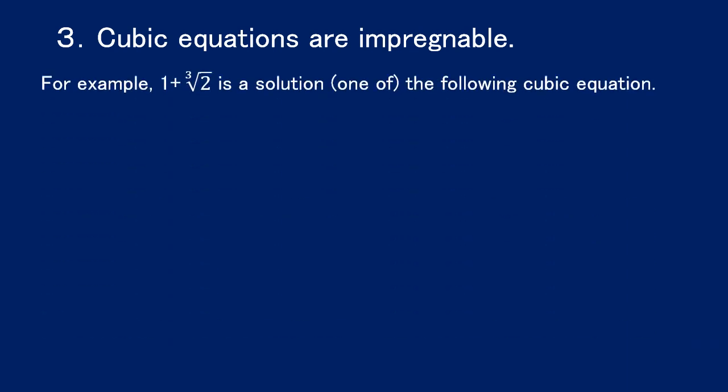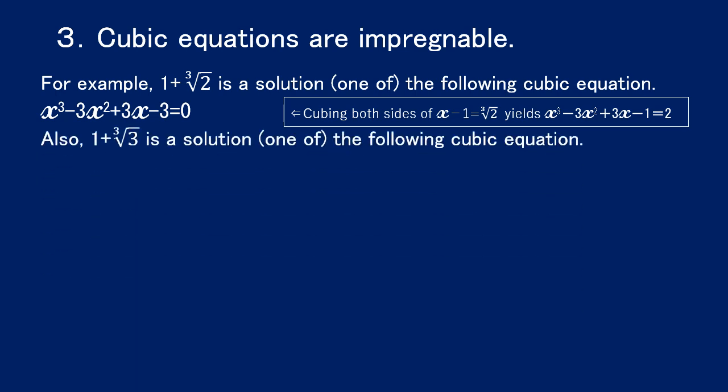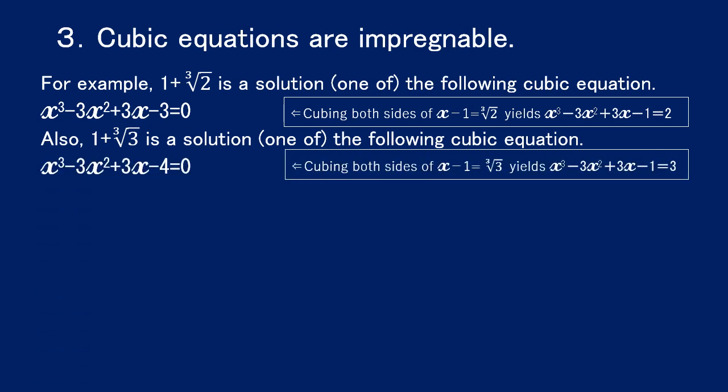For example, 1 plus the cube root of 2 is a solution of the following cubic equation: x cubed minus 3x squared plus 3x minus 3 equals 0. Also, 1 plus the cube root of 3 is a solution of x cubed minus 3x squared plus 3x minus 4 equals 0.